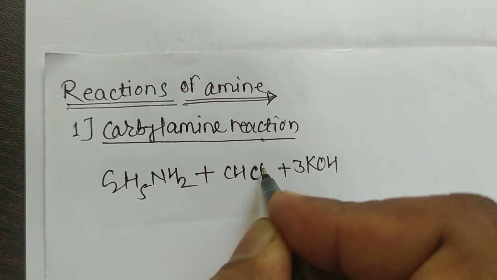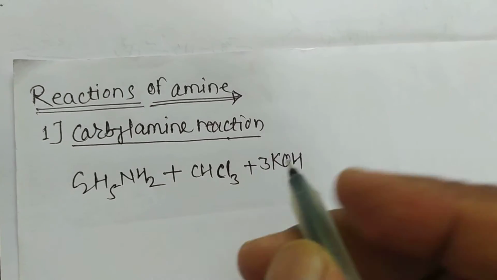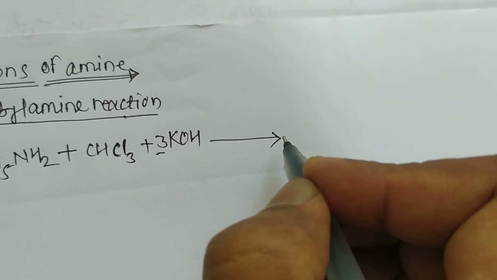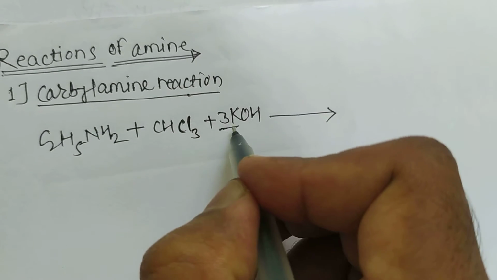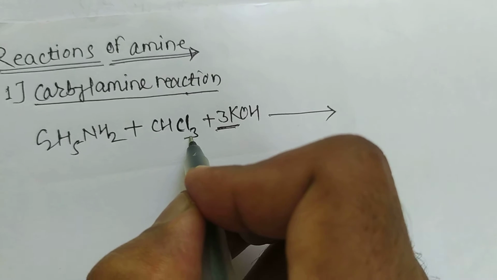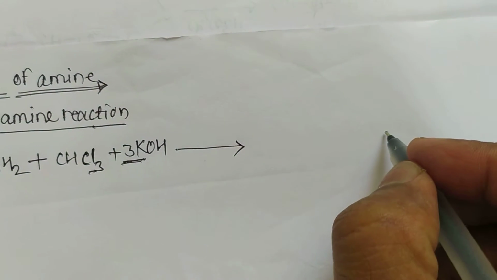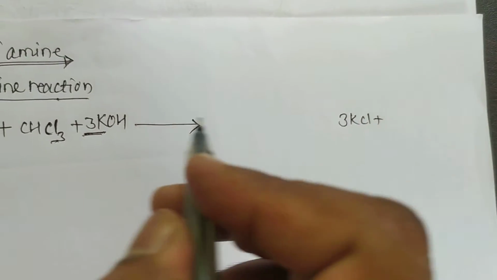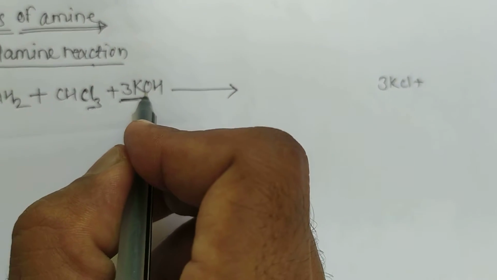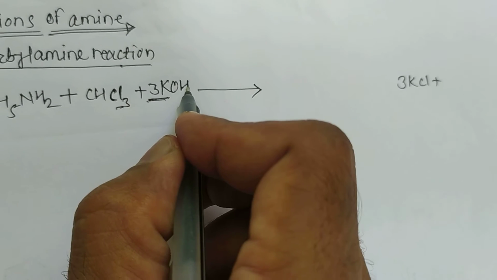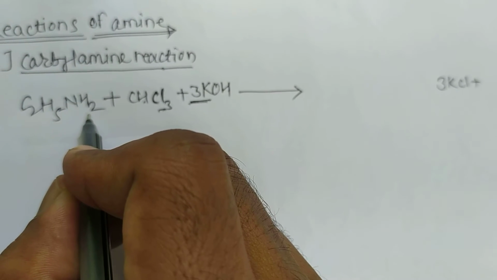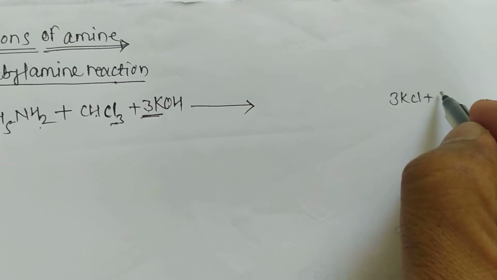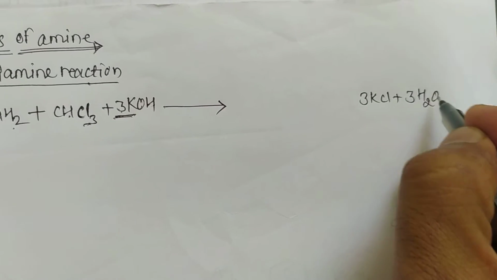In CHCl3 three chlorine atoms are present, therefore we use three KOH. Then this K reacts with Cl and removal of three KCl takes place. Okay, and in total three hydrogen, here 4, and here 6 hydrogen atoms, and 3 oxygen atoms, means three water molecules are removed.